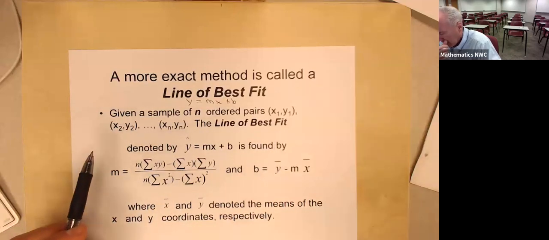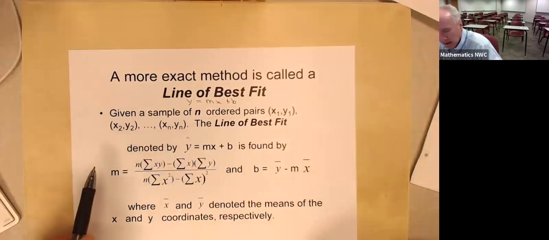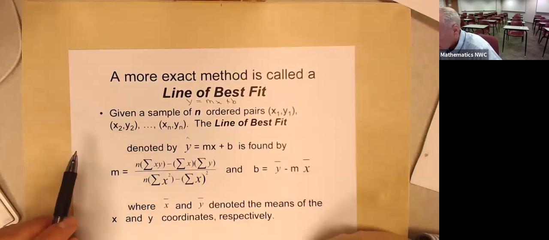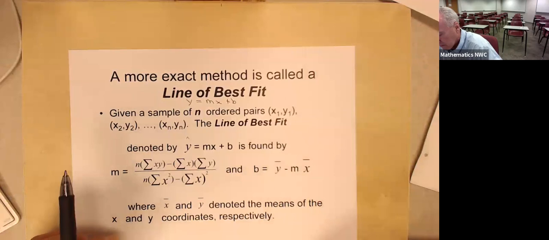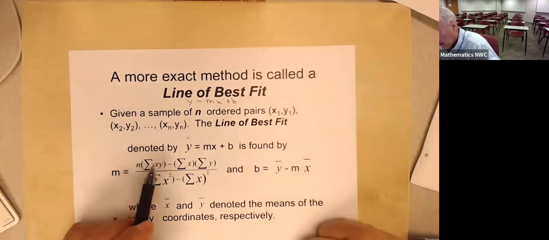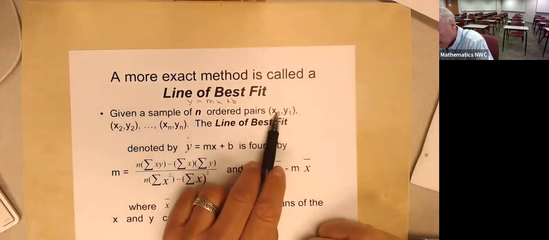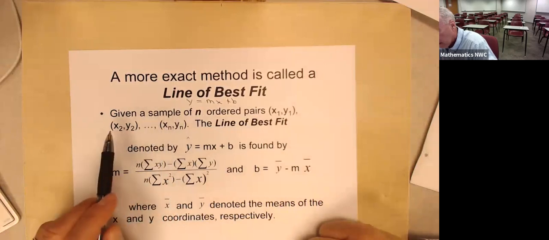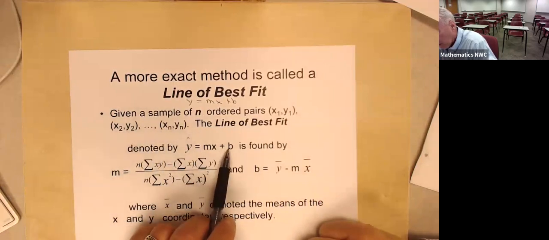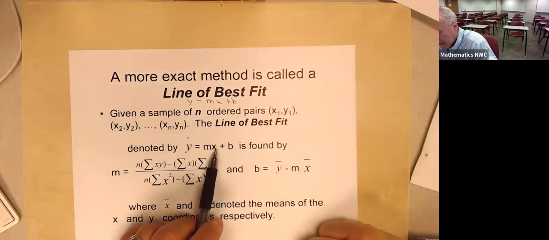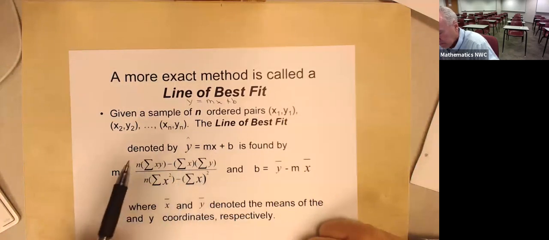Okay, now here's where your calculators come into play. You recall we had our Texas Instrument calculator. Your calculators will take ordered pairs like these, and it will calculate your m and your y-intercept for you. It's kind of a complicated procedure, but it's not as complicated as doing it without your calculator.